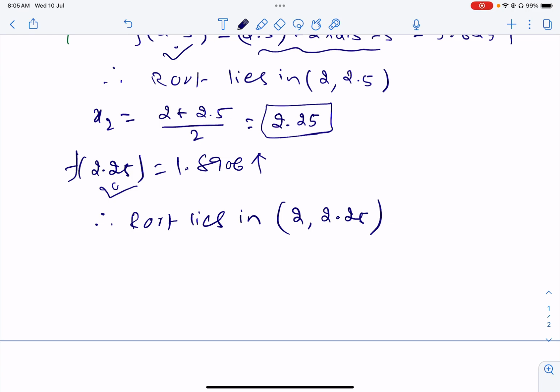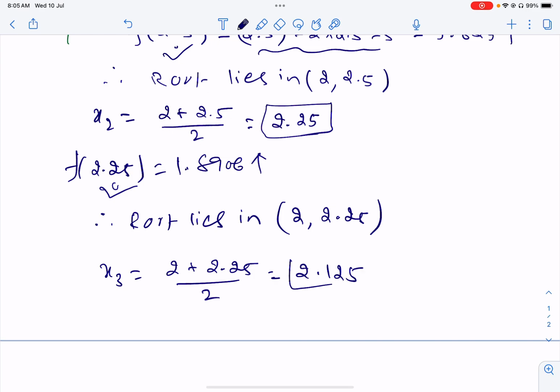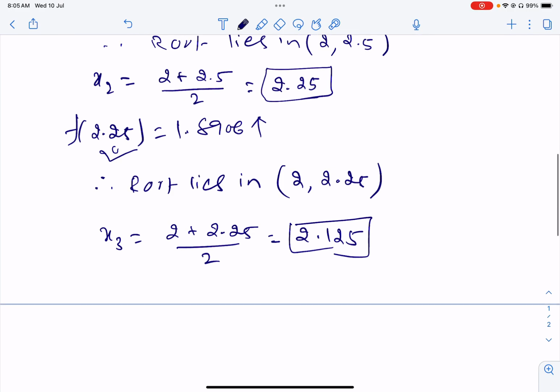Okay. Then the next step: still we are refining the root. So 2 plus 2.25 by 2, and that is nothing but 2.125. Now let us find the value of the function at 2.125. Again you use the calculator, and you will see that it is 0.3457.